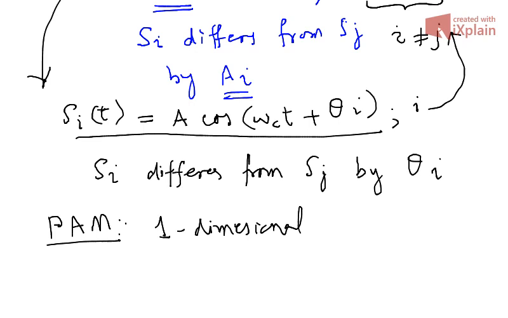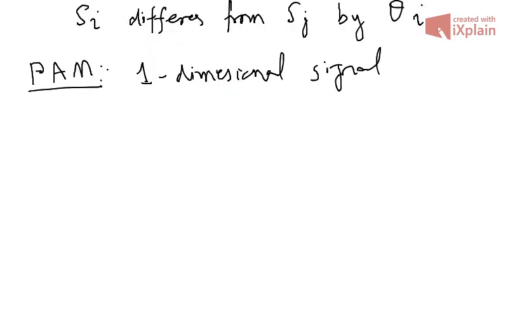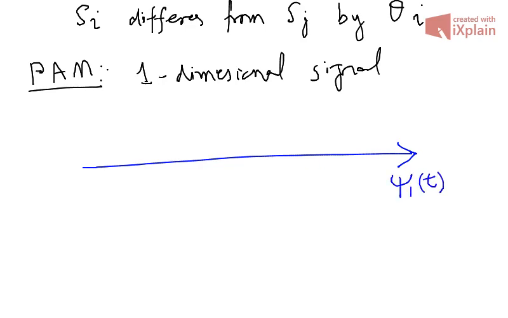When we say one-dimensional signal, it means we just need one basis function, psi 1 of t, to represent our signals, and we have seen that in PAM all the signal points lie in just one dimension.